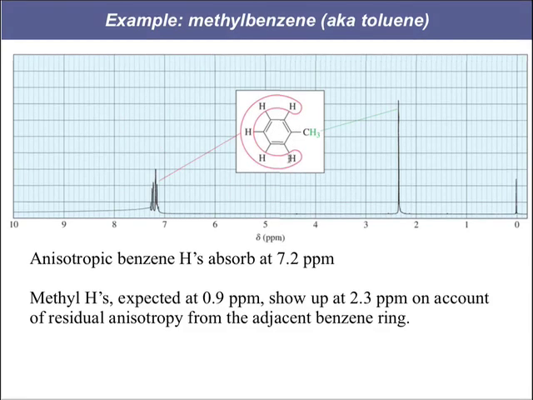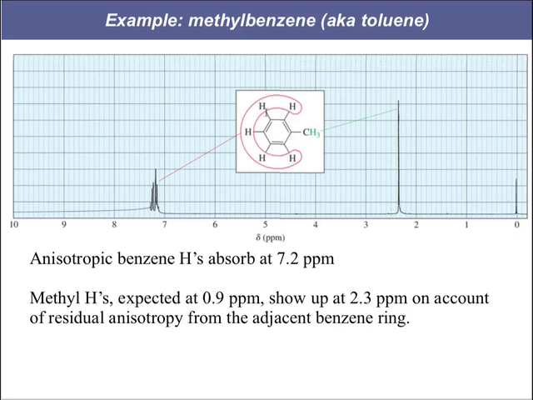Now, if you think about these hydrogens on the ring, it would make sense to say that these hydrogens here and here are in a different environment than the hydrogens here and here, and everything is in a different environment than this last hydrogen here because of their proximity to the methyl group, right? These guys are 1 carbon removed from the methyl.